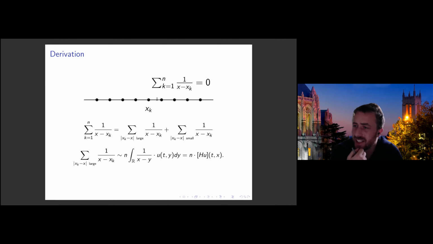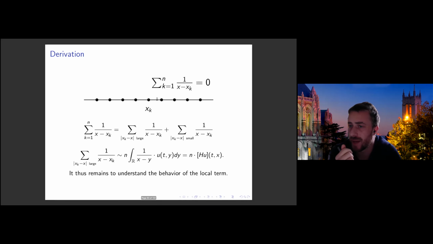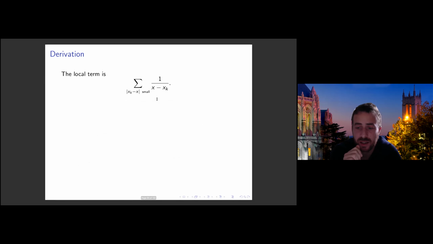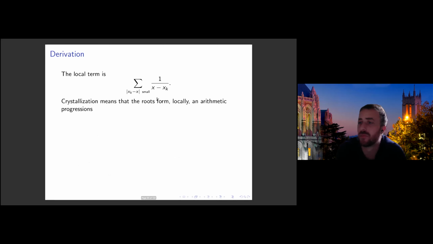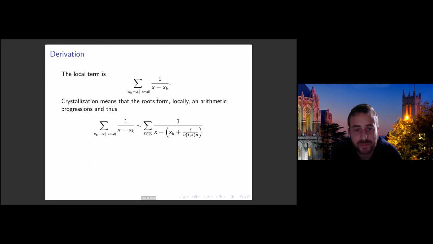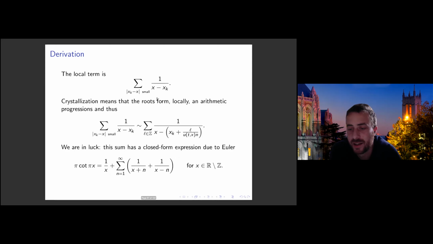And here the key ingredient is assuming that they're locally arithmetic. And if they're locally arithmetic, there is an absolutely beautiful identity. If I plug in the assumption of it being locally arithmetic, I get some ansatz like this. Then there's an identity that goes back to Euler.